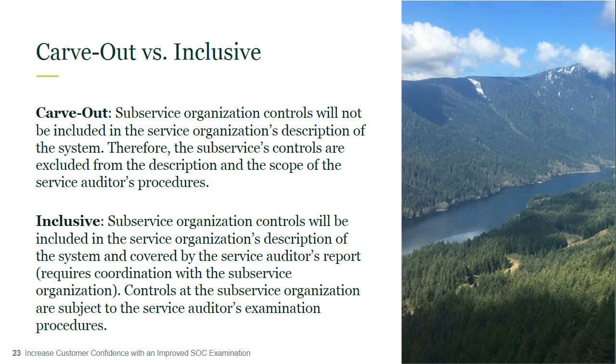That's typically how these reports handle it. The data center will be responsible, as I mentioned earlier, for physical access control, environmental controls, electricity, fire suppression, air conditioning, etc. Those would be the subservice organization controls.